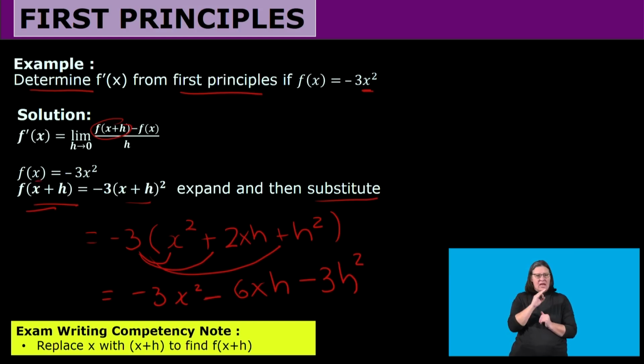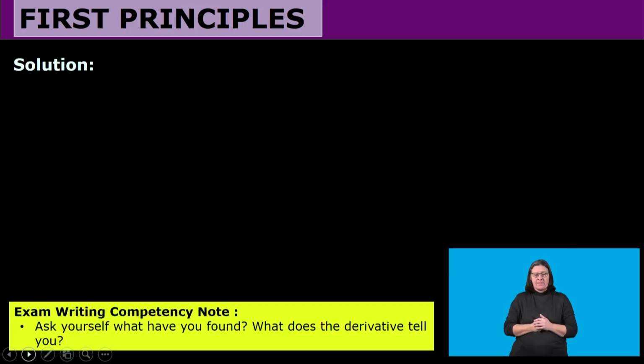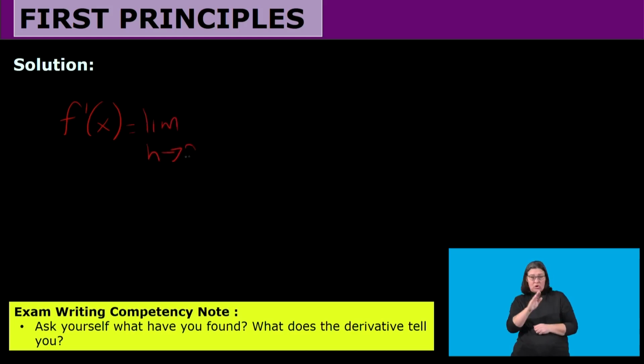Now we're going to take those values and put them into the formula to find the derivative from first principles. So we're going to say the derivative f prime of x is equal to the limit as h approaches 0, and now I start substituting my values. So it's f of x plus h.